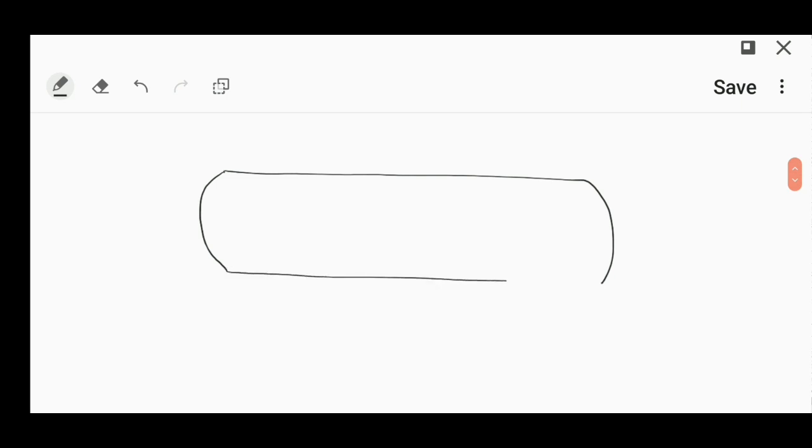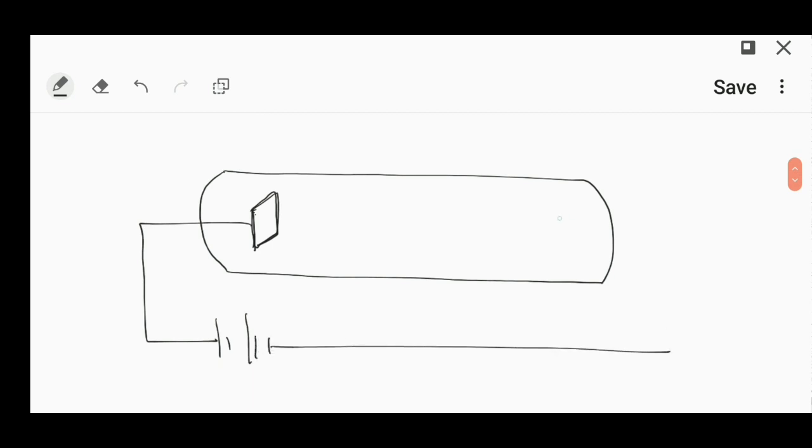Okay students, let us study this experimental demonstration for the concept of the photoelectric effect. Watch it carefully. Suppose this is a discharge tube or some apparatus. Here some metal piece is present, and on the other side one detector is present.